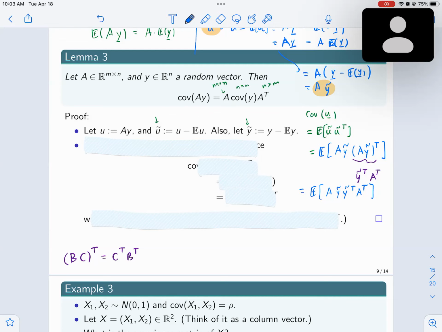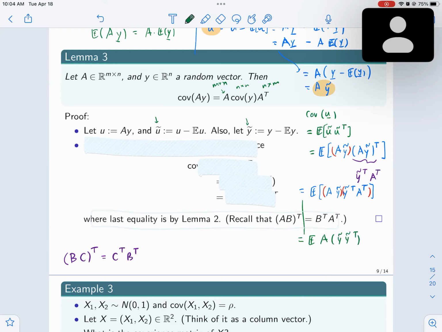Okay, let me do that. The way we did it was to multiply this first and then that. Now I'm going to remove parentheses and put parentheses elsewhere. So I'm going to write expectation of A, and then put parentheses inside here: first multiply these two parts and then this.